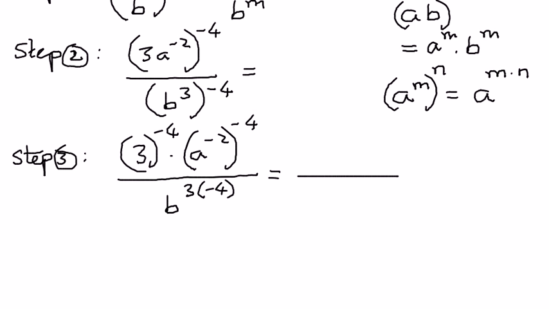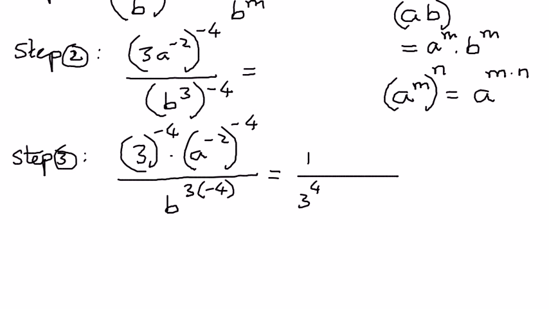We can write this as 1 over 3 to the power of positive 4, 3 to the power of negative 4. When we bring the exponent to the denominator, the negative exponent changes to a positive exponent, and therefore we can express 3 to the power of negative 4 as 1 over 3 to the power of positive 4.